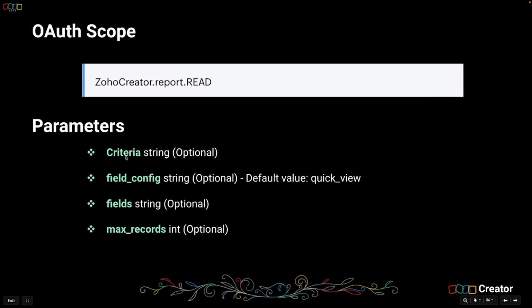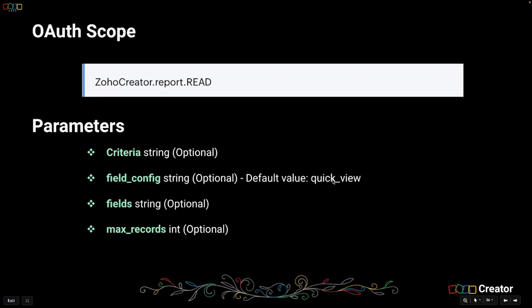One is the criteria, using which you want the API request to filter the target report. And then we have this field config, which is again an optional parameter. Using this field config parameter, you can get a certain view of the report. Let's say you wanted to fetch the quick view of the report, by default it is the quick view value.